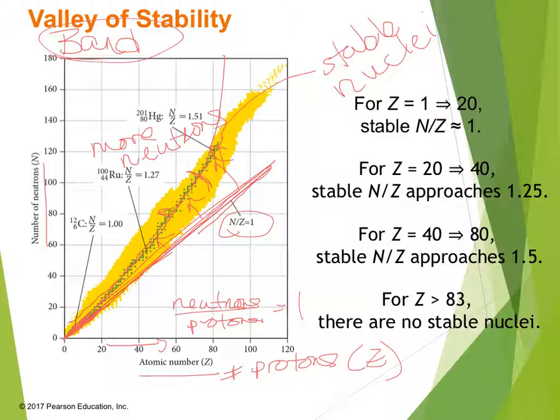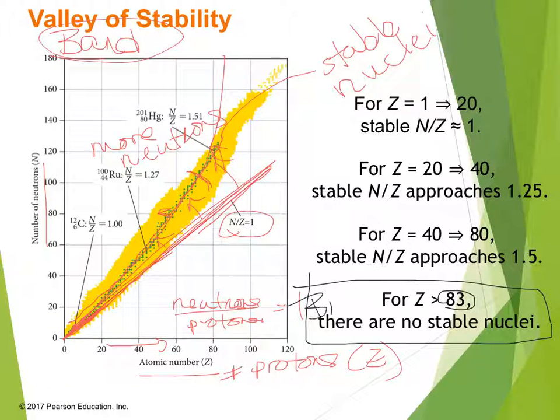Now, one other thing I want you to get out of this slide is that atomic numbers greater than 83, and I think that is bismuth, all of them are radioactive, okay?